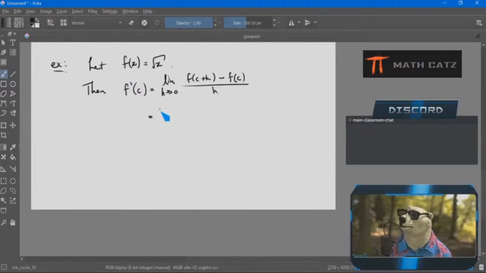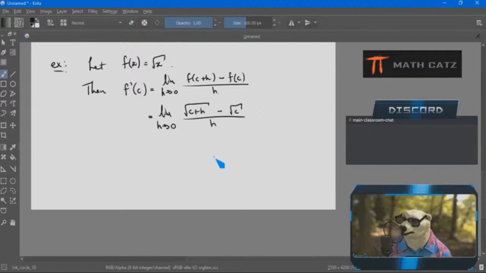So now let's see what we get here. Of course, we can't just plug in 0 for h. I'm going to have to see what the function is. Now it's the square root function. So inside the first one, I get a c plus h. Inside the next one, I get a c. Now, these kinds of things, yeah, they can be difficult. And this is a basic function.